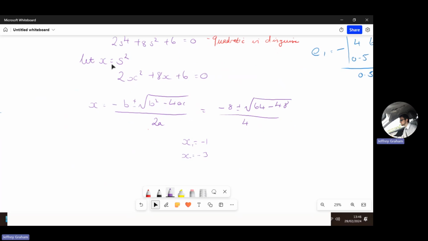If we go back up here, though, we've just said x is in fact s squared. So this first one should now actually read s squared is minus 1. This bottom one now reads s squared is in fact minus 3. We're going to square root this solution.